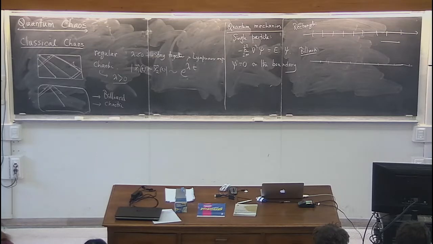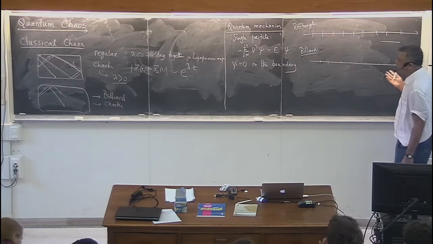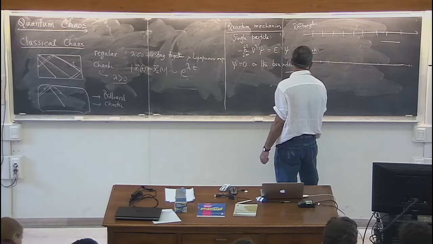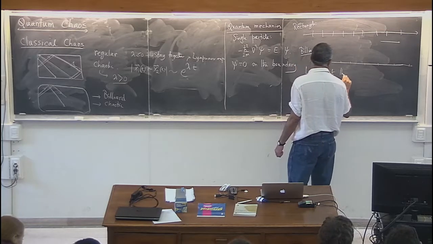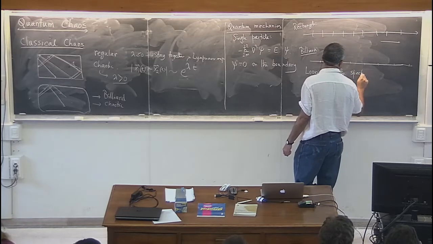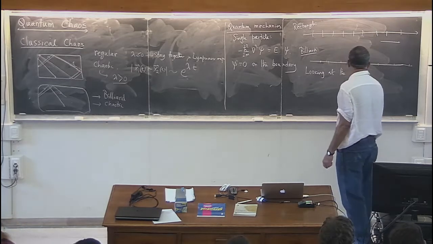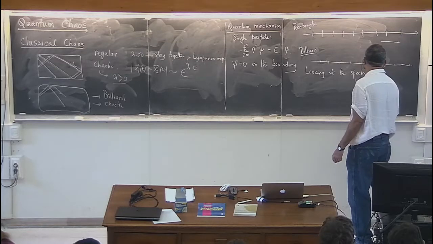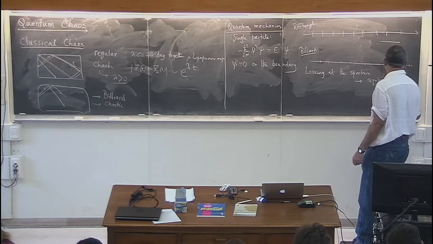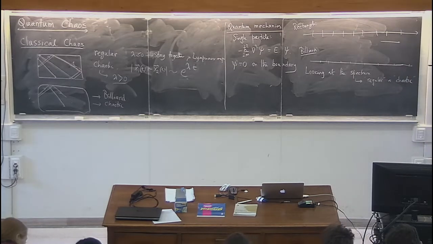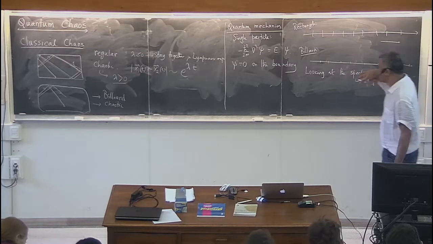And by looking at the energy spectrum, can I say whether the system is regular or chaotic? So what is the signature of chaos in the spectrum? That's the question.